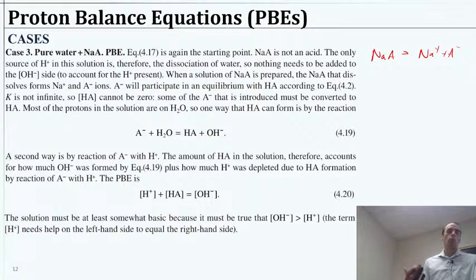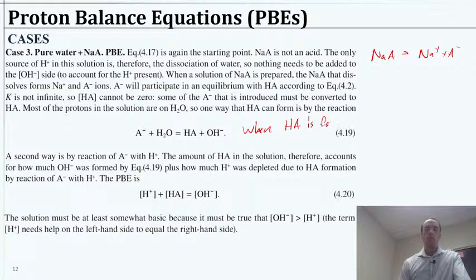But the way we write the equations, it's not what is the source of the OH minus or the H plus, it's what, when formed, resulted in an extra OH minus or an H plus, right? So we can write, when HA is formed, an OH minus is released.